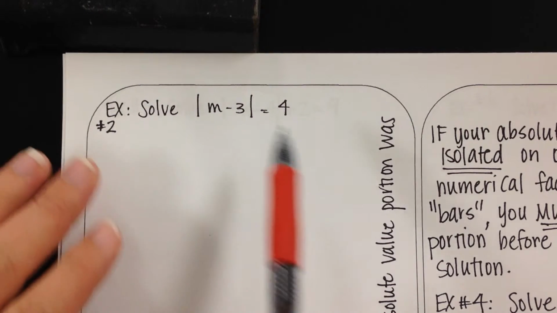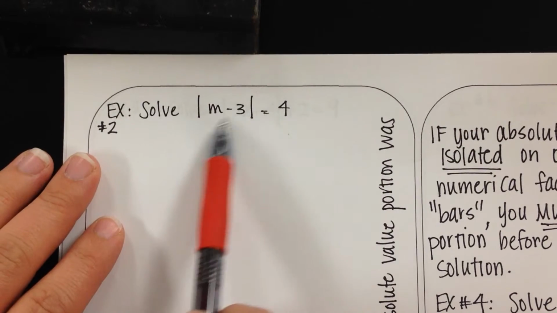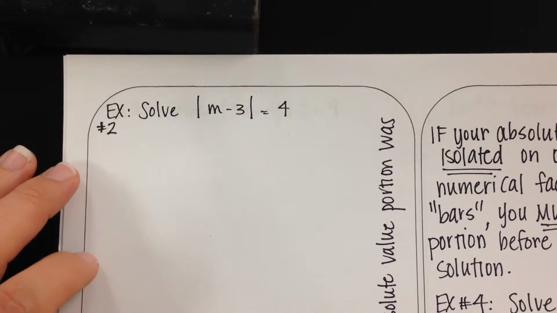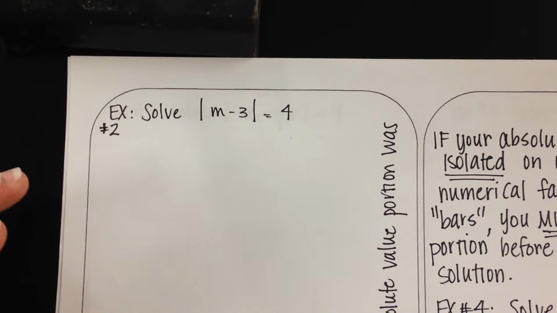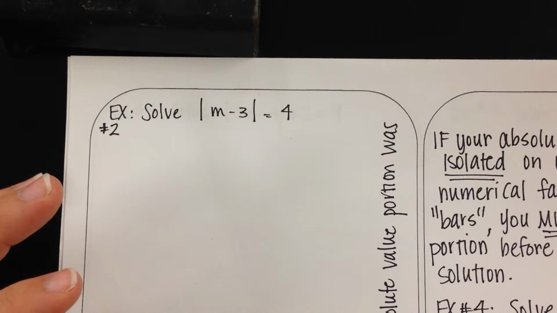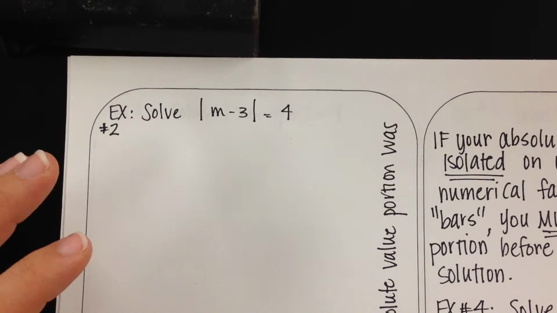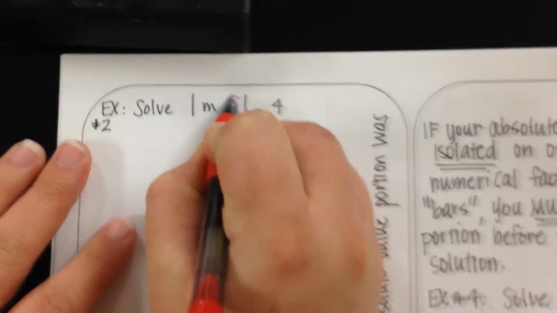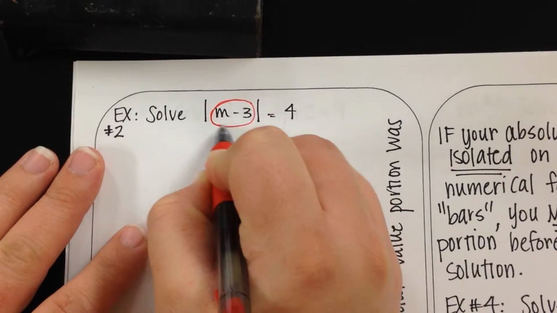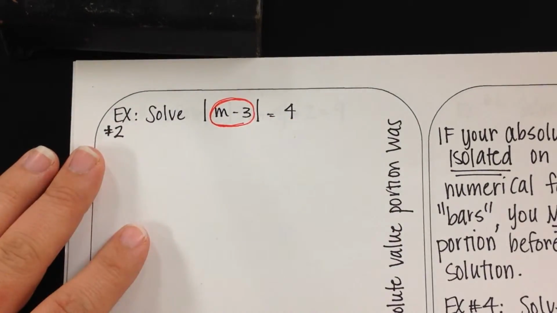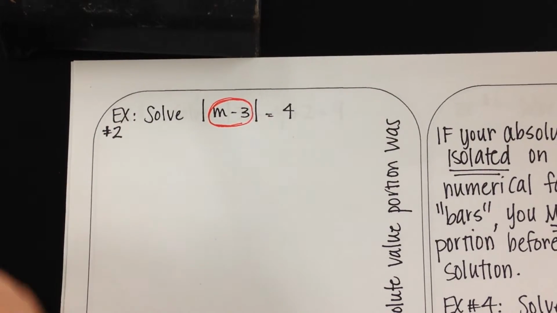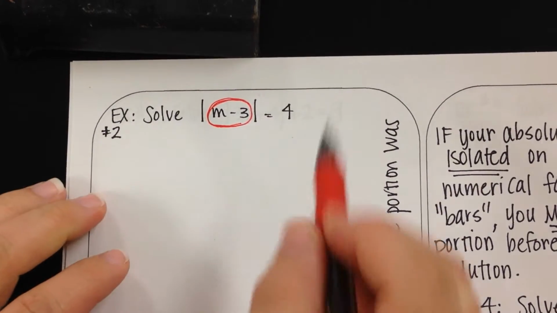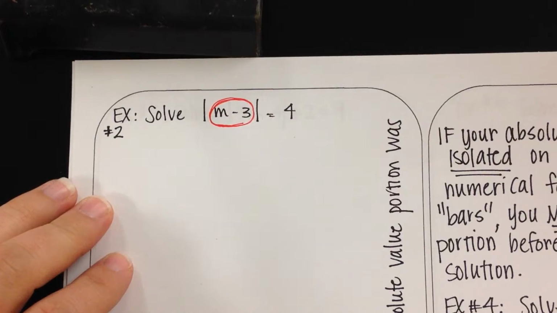Inside the absolute value, there's an additional numerical factor. So you kind of have to think of this a little bit differently than literally just substituting positive and negative versions. What we're trying to say is, in m minus 3, what values for m can we put into that equation that would give me 4?